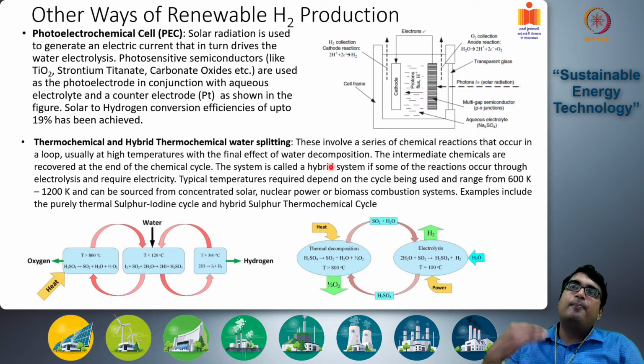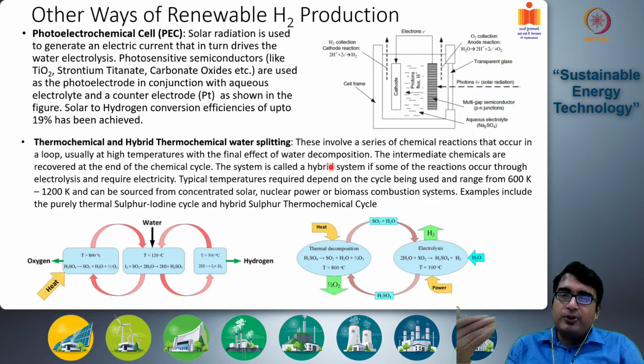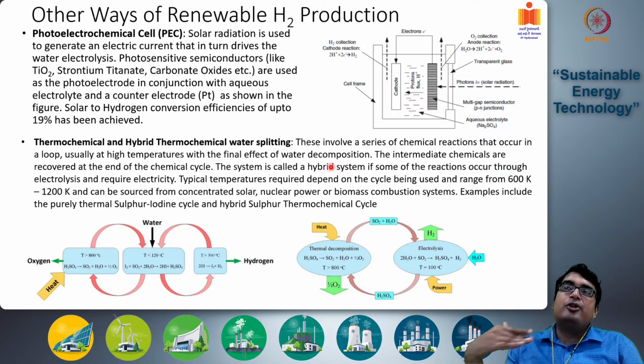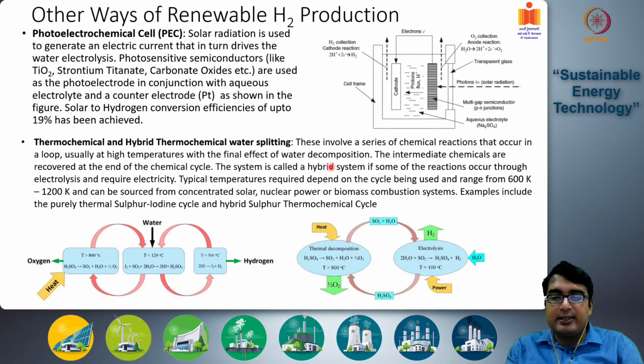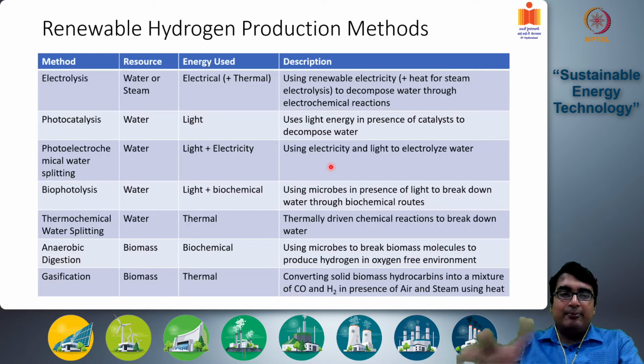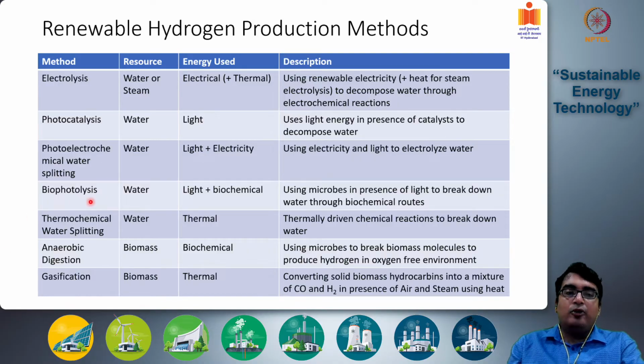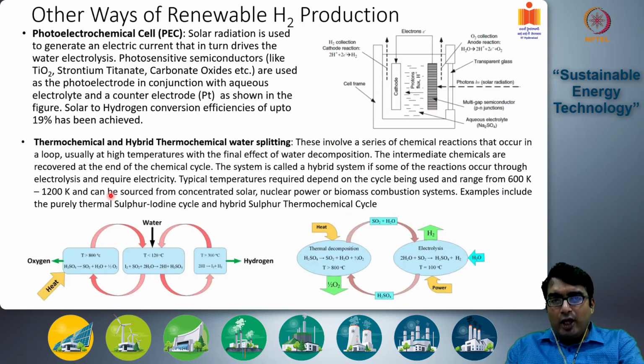There are other biological methods where you are using certain types of microbes in the presence of sunlight to generate hydrogen directly through water splitting, biochemical water splitting systems as we discussed earlier. For example, many of these biophotolysis systems can be used like that. We are not going into a lot of details there. I am just giving you some of the highlights of common ways of hydrogen production as of now.